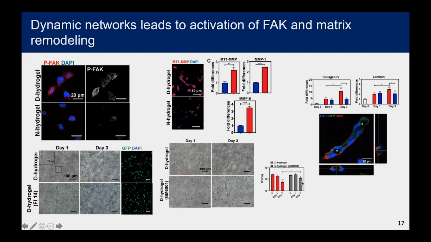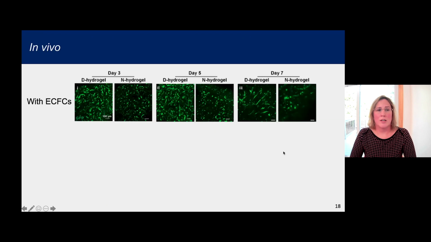Nicely, these cells also produce their own extracellular matrix, both collagen 4 and laminin. And you can see here very nicely in red, the collagen 4 is deposited around a luminal structure in the dynamic hydrogels.